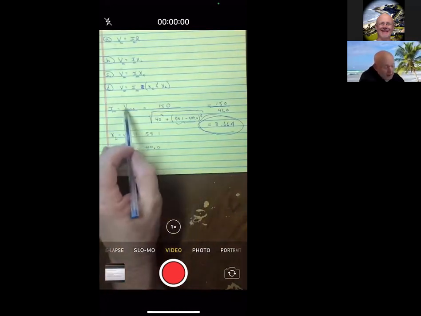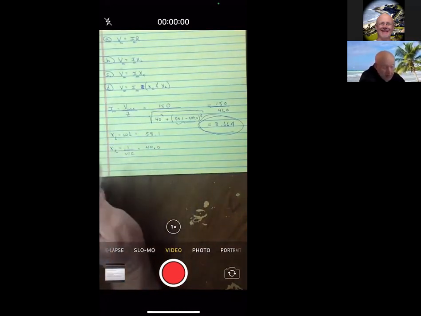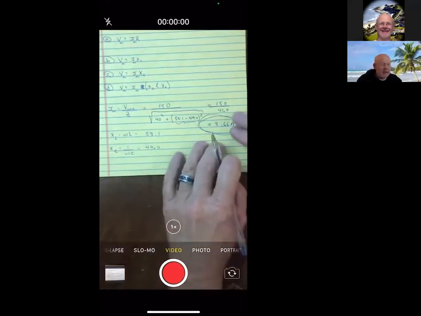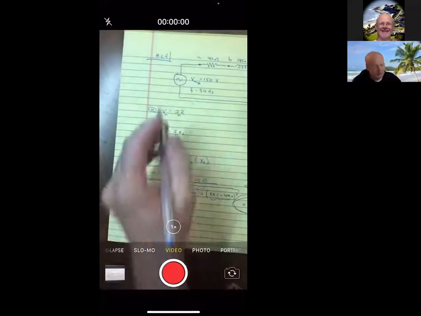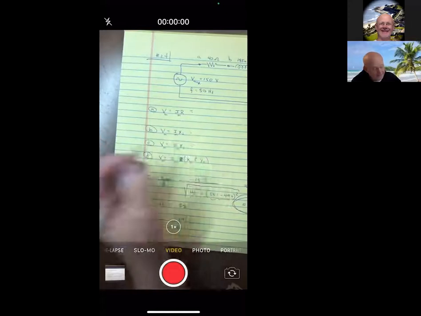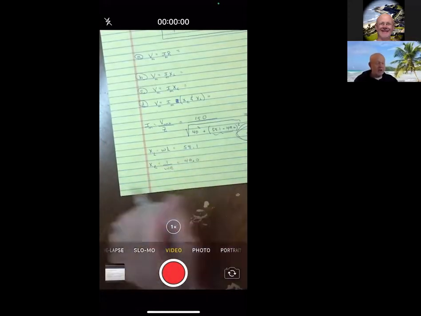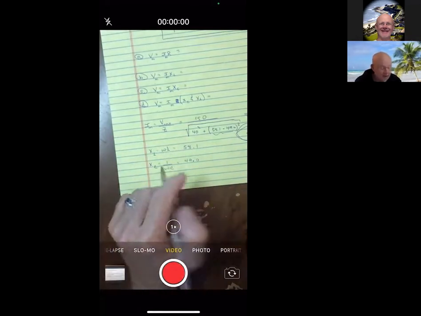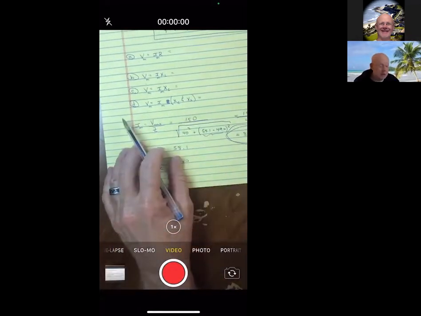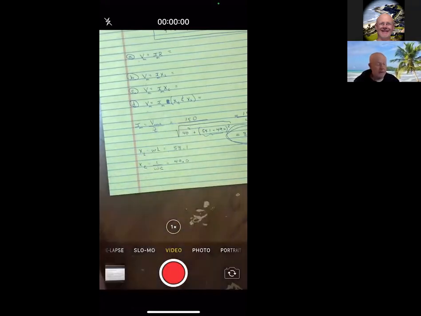So there's our current. Now, like I said, I needed all of that to go ahead and figure out the voltage across each of the individual elements, and then D, a combination of the two together.